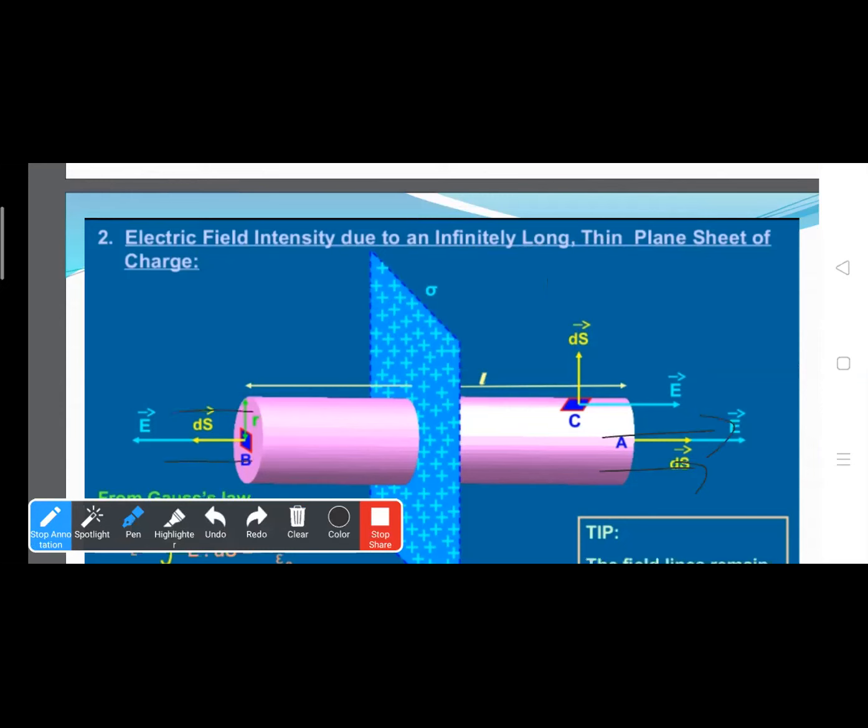So the angle between E and dS is 0 degrees, cos 0 is 1. Clear? So E dot dS, the flux from these two surfaces, will be E into S.